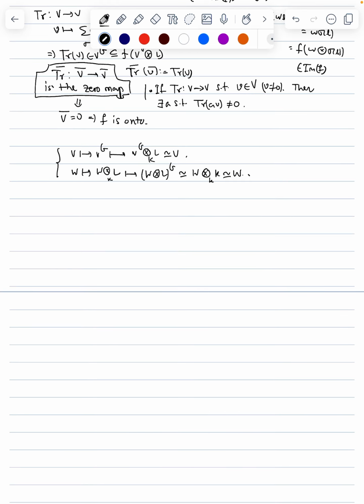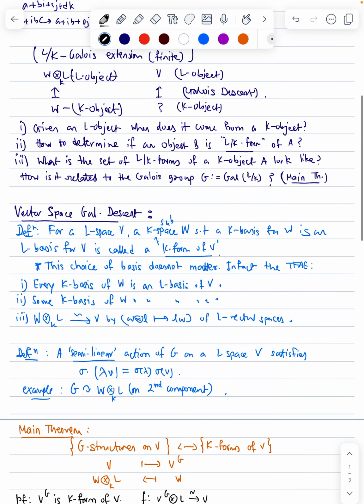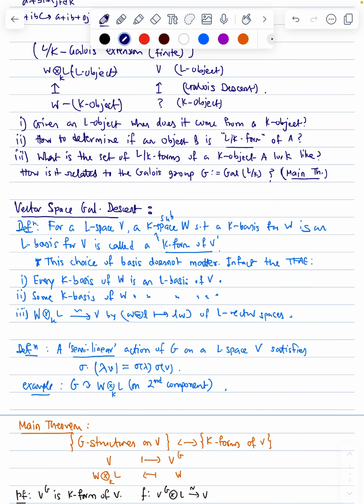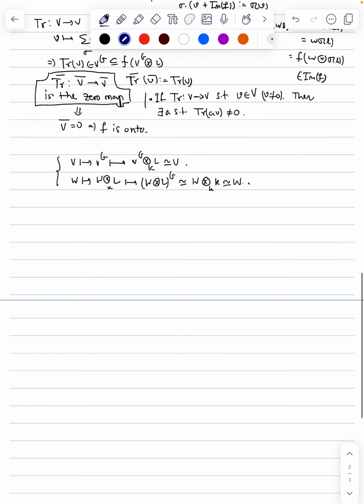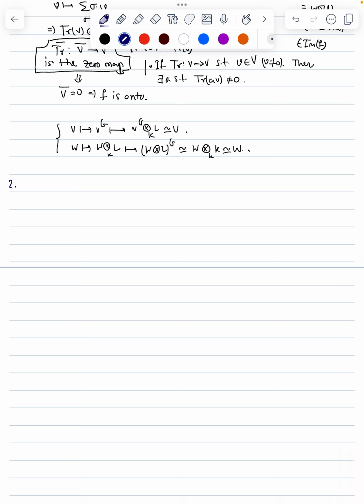So this next thing is actually regarding, so this is for vector spaces, as I said, and the main theorem is regarding tensors of type PQ. Okay. So what does it mean?